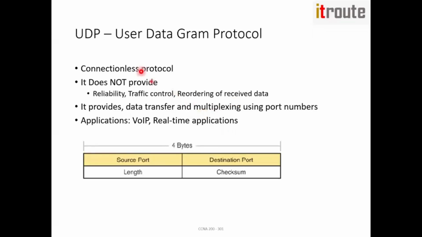Let's say UDP protocol. UDP stands for User Datagram Protocol. UDP is a connectionless protocol. It does not provide reliability, flow control, or reordering of received data. It provides data transfer and multiplexing using port numbers. For applications, we have web and real-time applications using this UDP protocol.